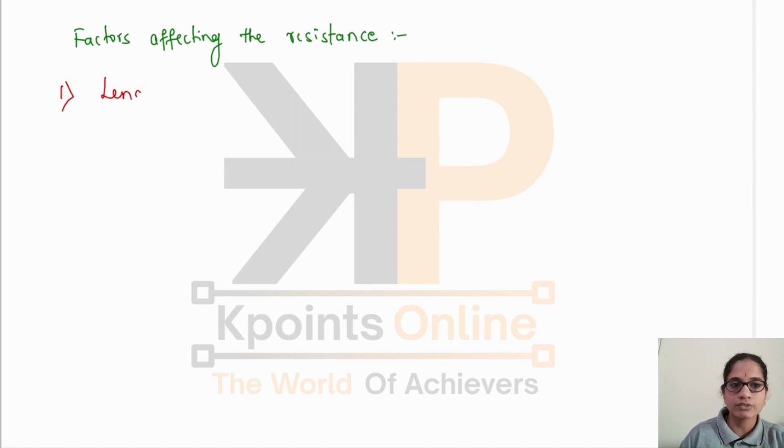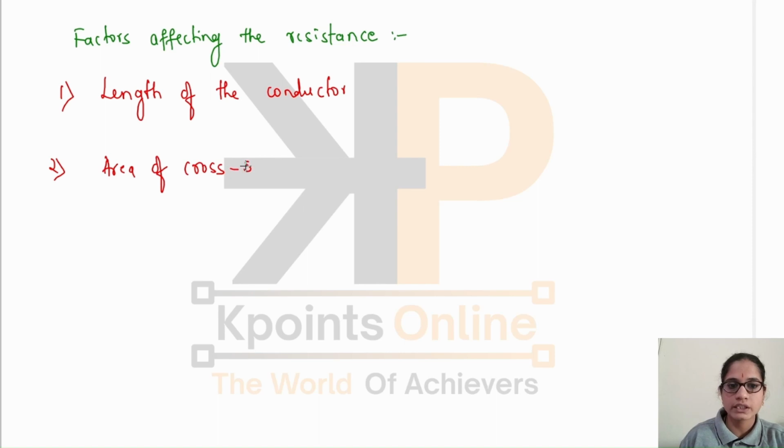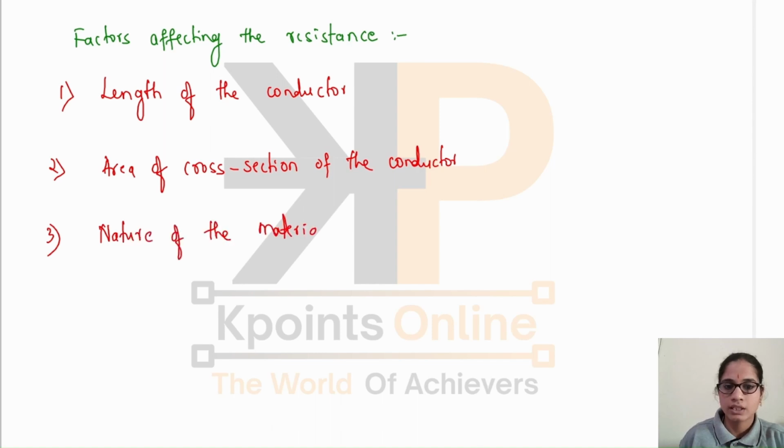That is, length of the conductor, area of cross section of the conductor, nature of the material, and it also depends on the temperature, where we are not going into more depth on the dependency on temperature here. So right now let us understand how this resistance depends on these factors.